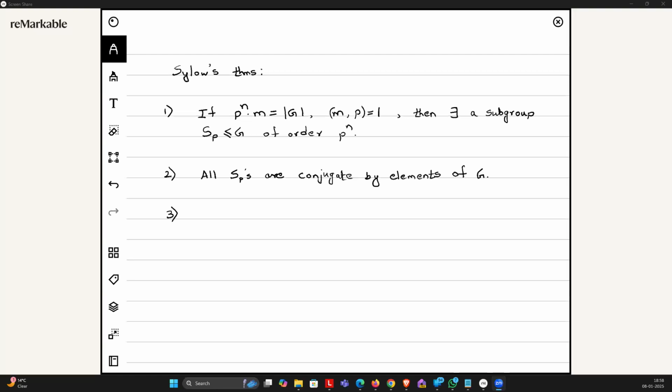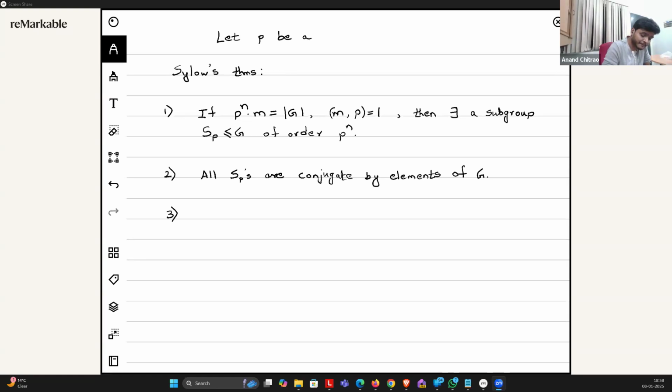Sir, S_p's are Sylow subgroups. Yeah. Okay. Let's see. Let p be a prime. Let G be a finite group of order p to the n times m, where there is no p in m, which is usually written as the GCD of m and p is 1.